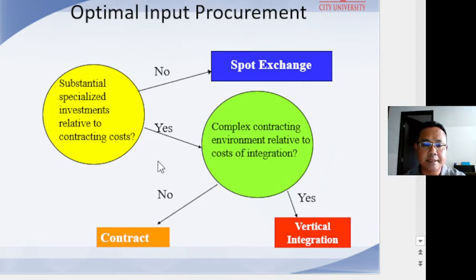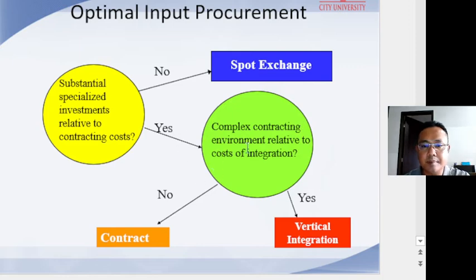For example, in this figure, you can easily see the relationship. The first question: is there a substantial specialized investment relative to contracting costs? If no, we do the spot exchange.